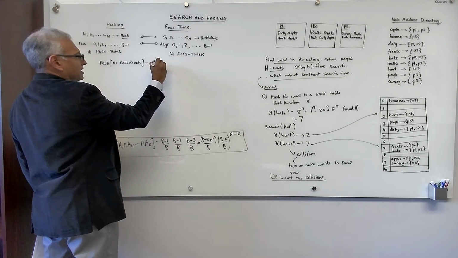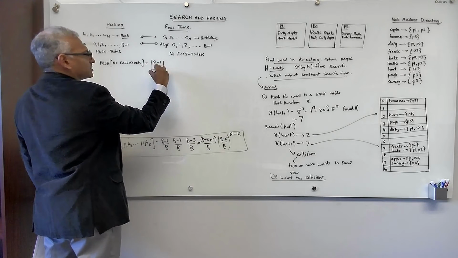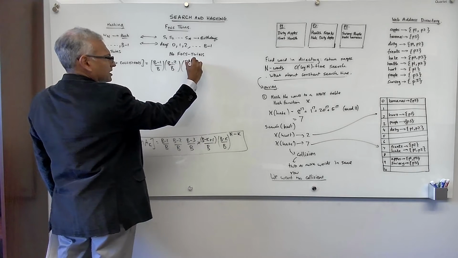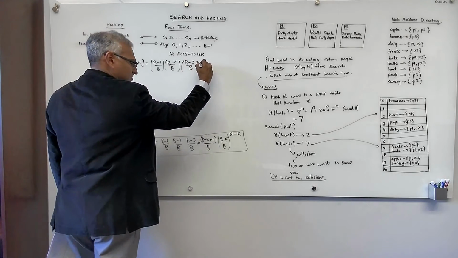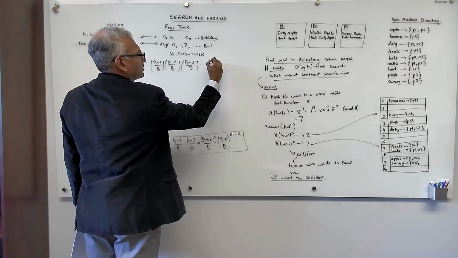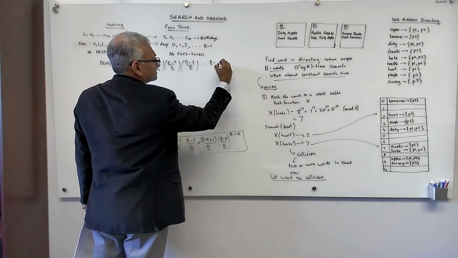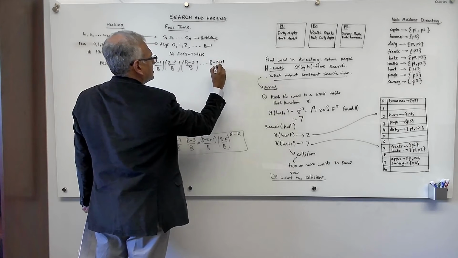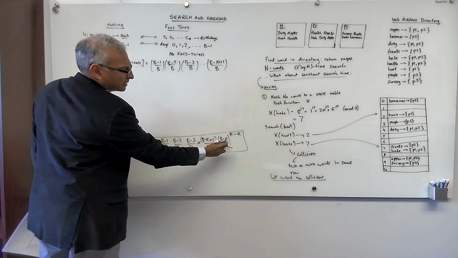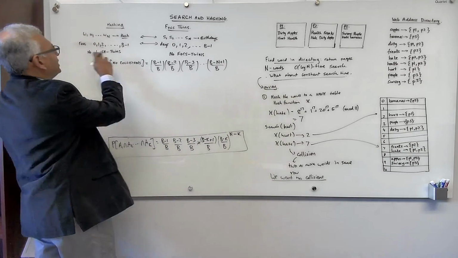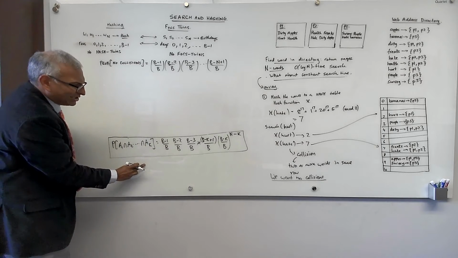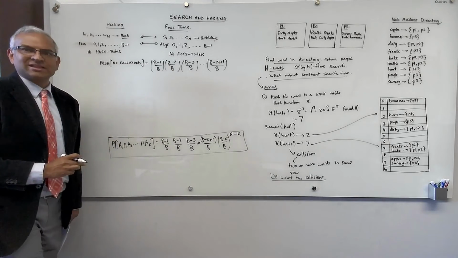So it's B minus 1 over B times B minus 2 over B times B minus 3 over B times, and so on, all the way up to B minus N plus 1 over B, and when N equals K, this term is 1. So the probability of no collisions is exactly this value.